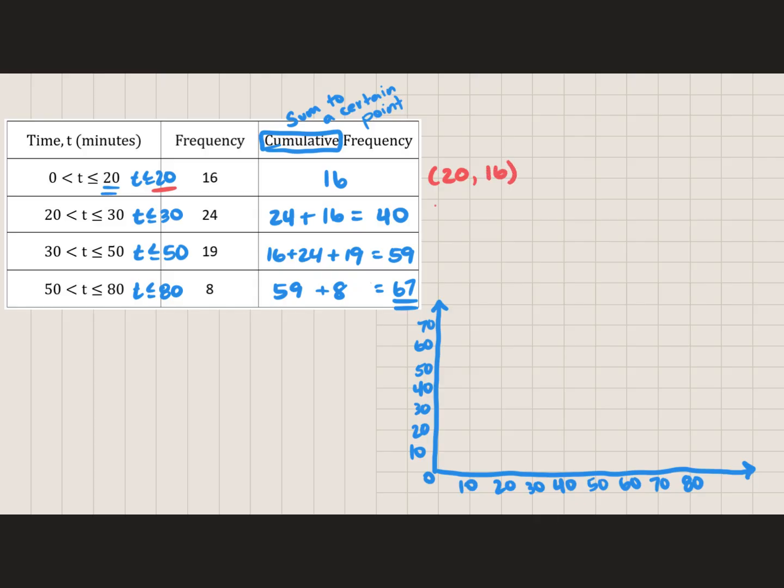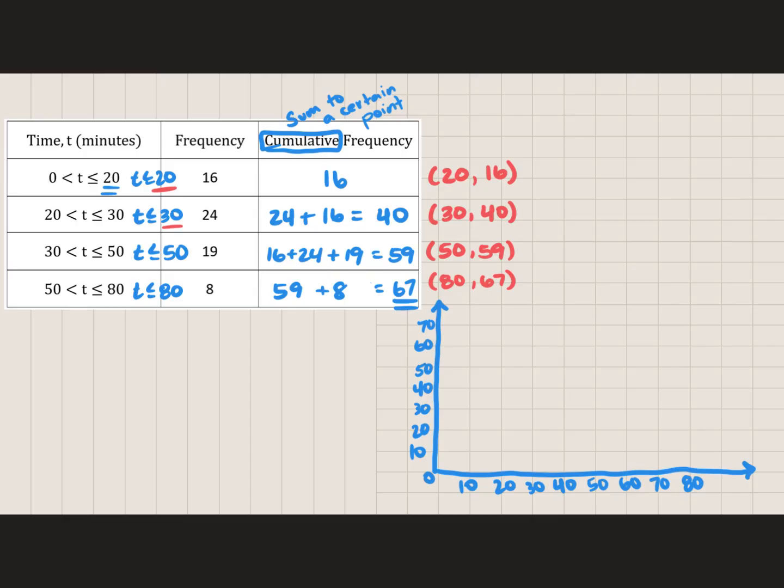Same thing for the next point. I take my upper boundary from the interval, which was that 30, and my y value, which is, in this case, 40. And our other 2 points here would then be 50 and 59, and 80, 67.